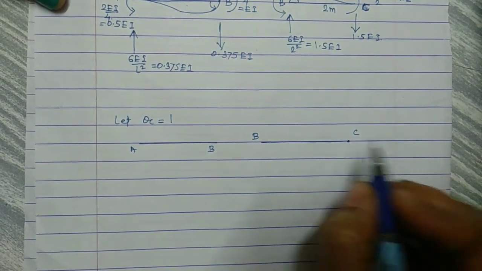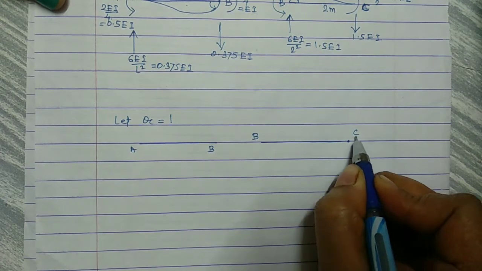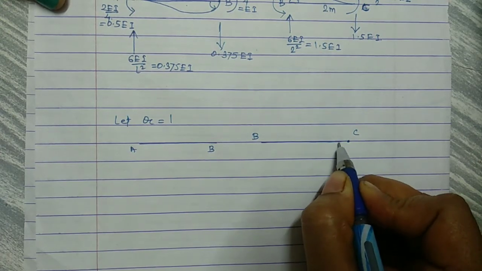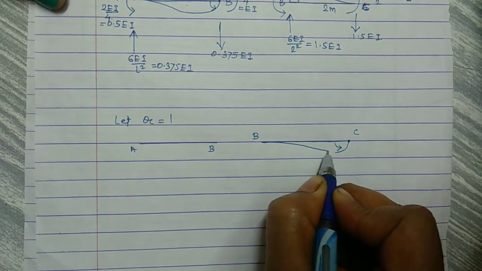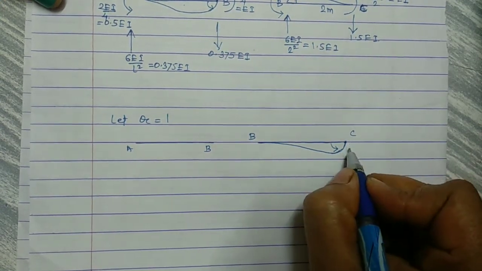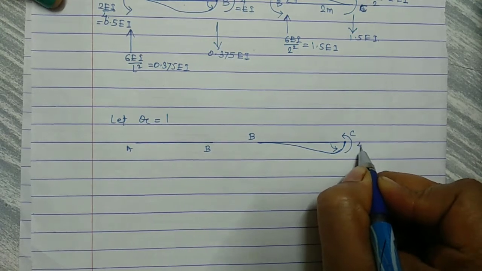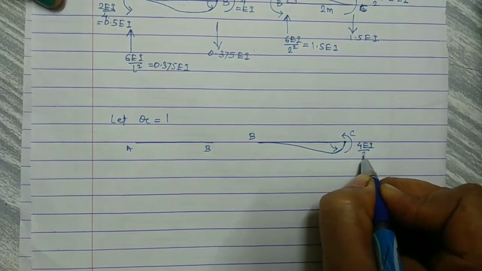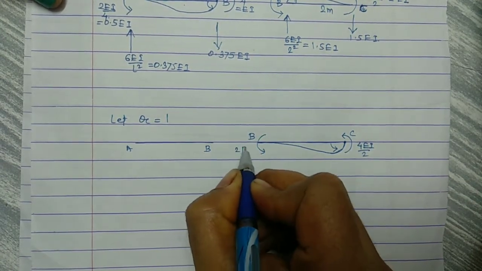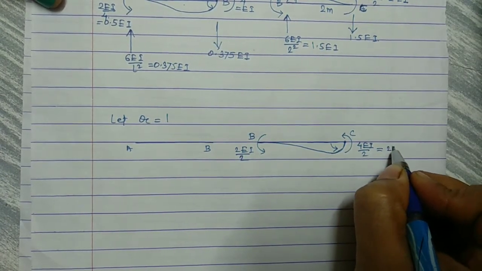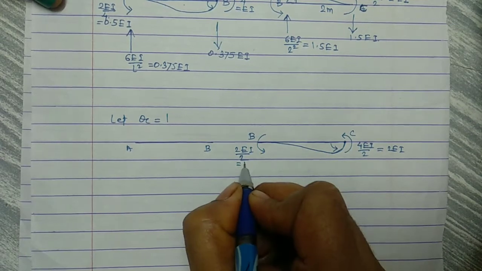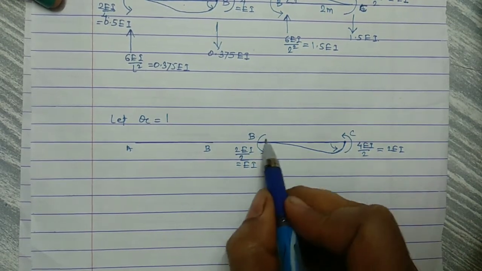So at point C you have to give unit rotation in positive direction, in anti-clockwise direction. So it will rotate in this way. So here the near end stiffness is 4 EI upon L, and the far end stiffness is 2 EI upon L. So this is equal to 2 EI and this one is equal to EI.